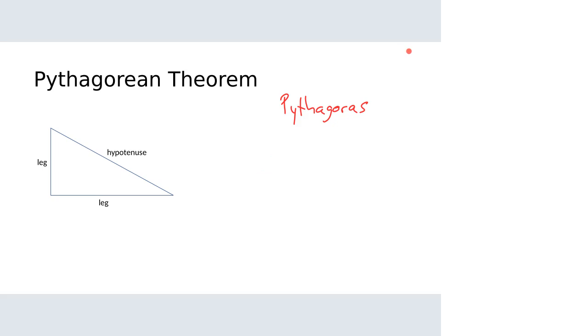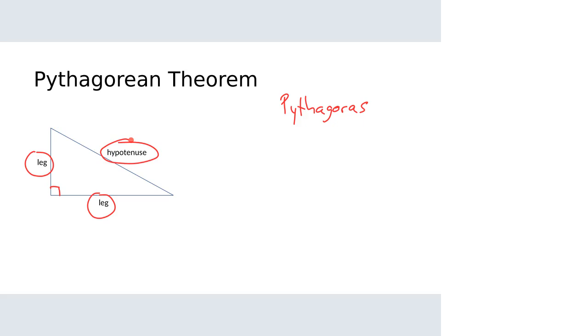When we look at a right triangle, 90-degree angle in the corner. So Pythagorean theorem only works with right triangles. We'll establish that first. There are three parts of anatomy to this right triangle. There are two parts that are legs, and then the longest side, the one that is across from the 90-degree angle, that's called the hypotenuse.